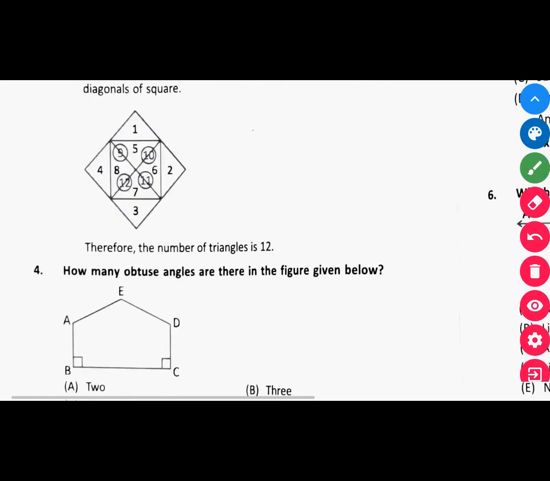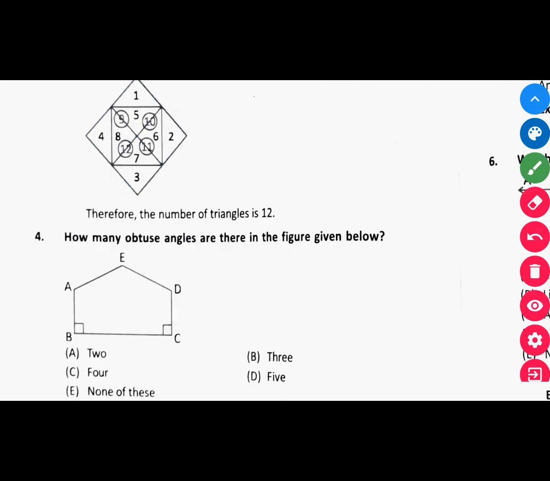Okay, now the next is, how many obtuse angles are there in the given figure? You know an obtuse angle means an angle greater than 90 degrees. A 90 degree angle looks like this. So an angle greater than this is known as an obtuse angle. Here this was a 90 degree angle, this was a 90 degree angle.